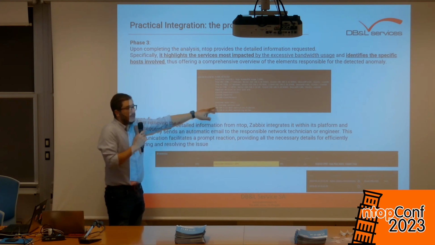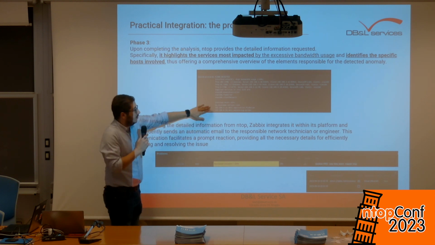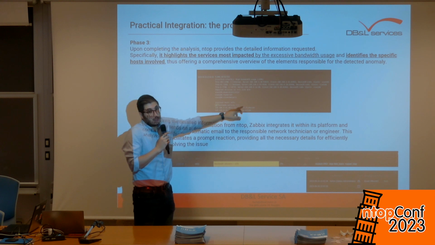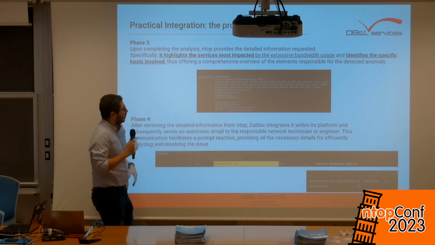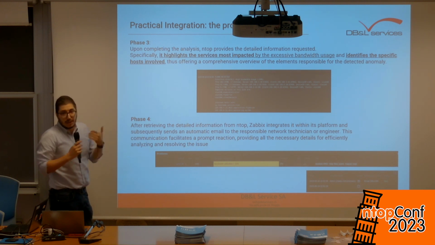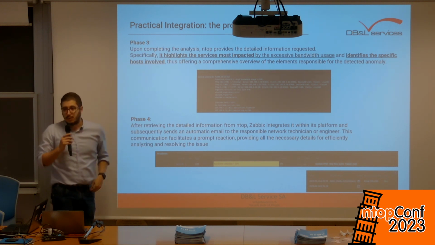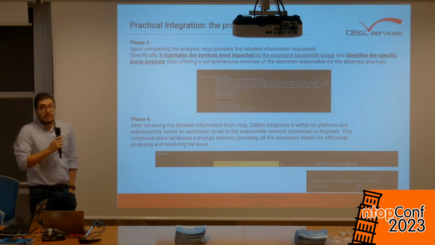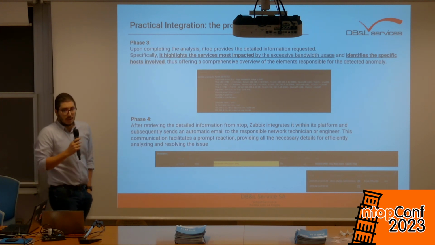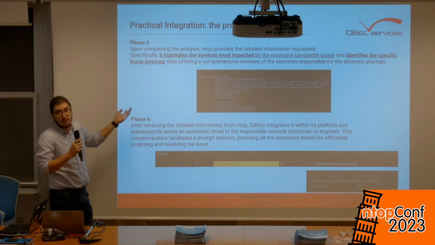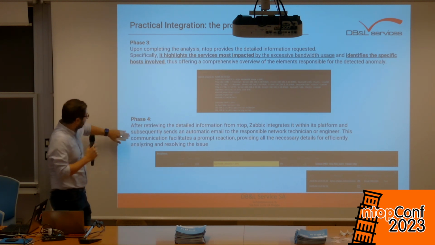Because then you can directly see, and the next implementation will be to add also the owner of those assets, so that you can actually pick up the phone or ask via email or via Teams the owner: look, we have this issue. Is this flow actually authorized? Is something strange going on? I don't know. You tell me.